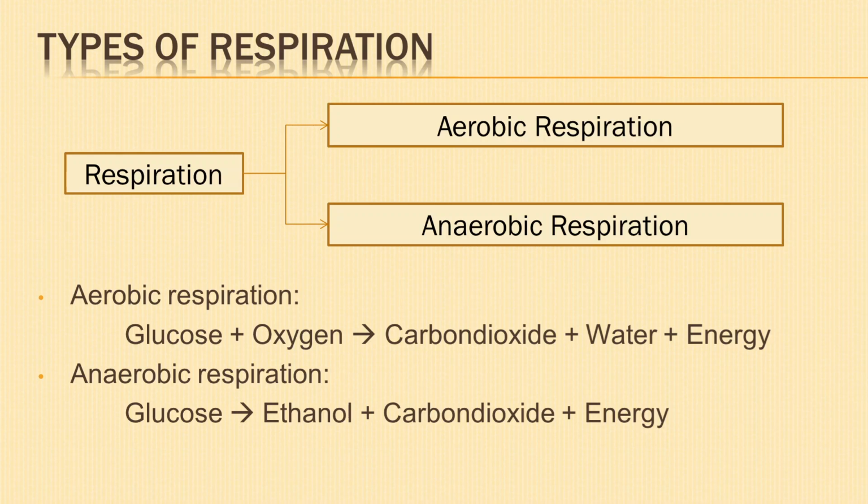Anaerobic respiration is also seen in lactic acid bacteria producing lactic acid and carbon dioxide. This process is referred to as fermentation. Muscle cells in humans also form lactic acid when supply of oxygen is insufficient.